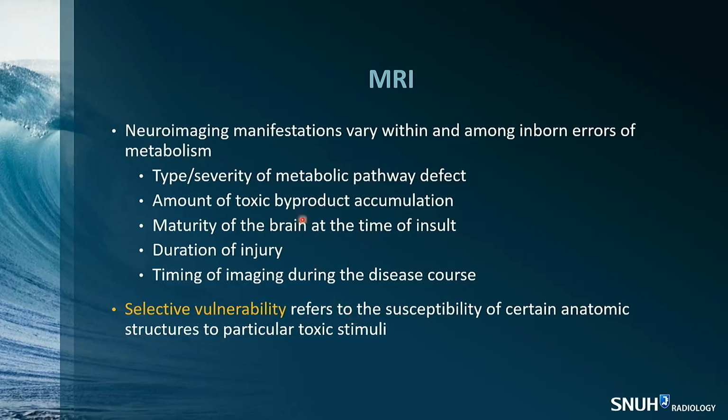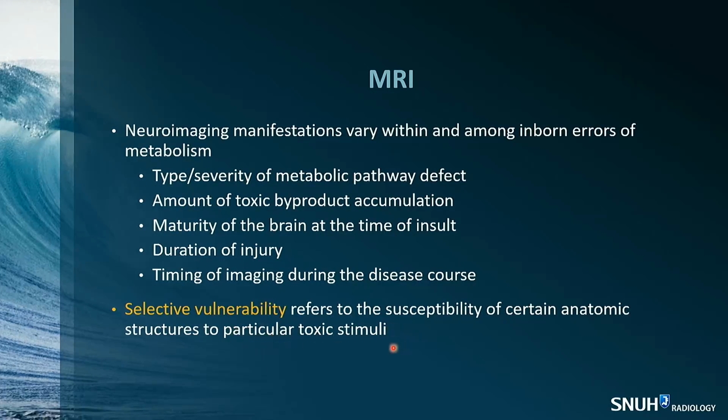Unfortunately, neuroimaging manifestations vary within and among inborn errors of metabolism, from normal to diffuse severe CNS abnormalities, depending on many factors such as type and severity of metabolic pathway defects, amount of toxic byproduct accumulation, maturity of the brain at the time of insult, duration of injury, and timing of imaging during the disease course.